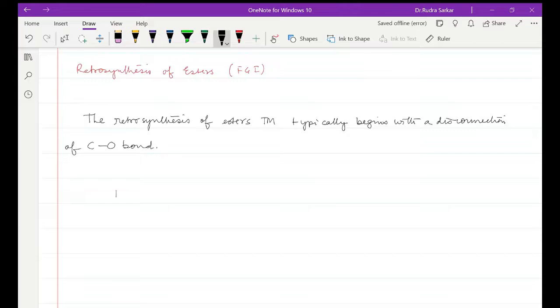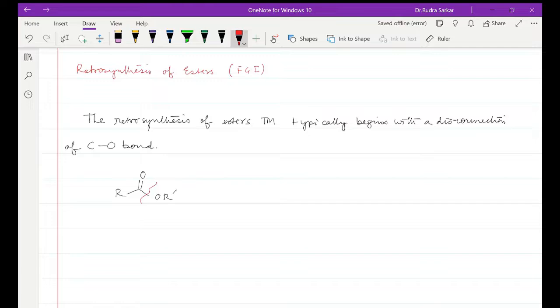So here in our retrosynthetic pathway, say number 1, this is our given ester.